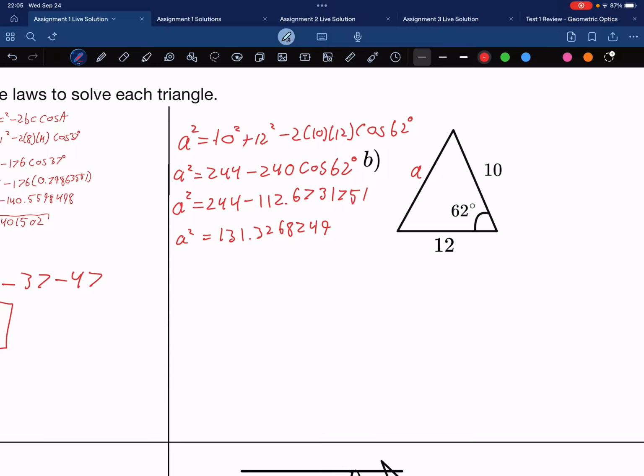And now take the square root of both sides. Square root of both sides. And we get about 11. It rounds to 11.